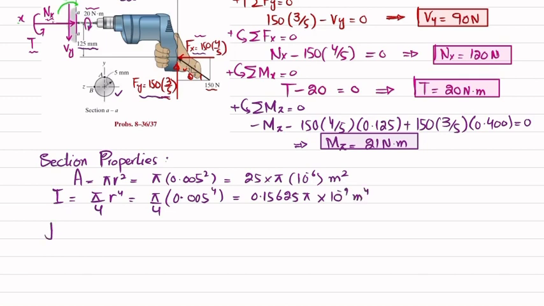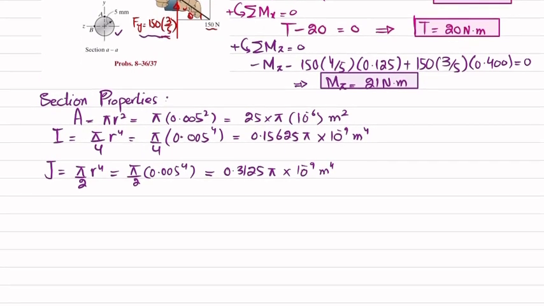The last thing we will find is the polar moment of inertia J, and for a circular shape it is pi by 2 r to the power 4. So put the value pi by 2, r is again 0.005 to the power 4, and you will get J equal to 0.3125 times pi multiplied by 10 raised to power minus 9 meter to the power 4.